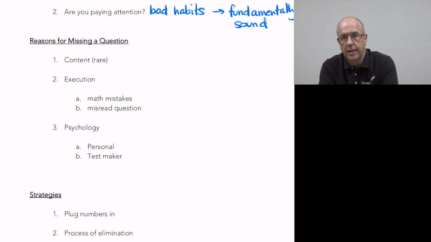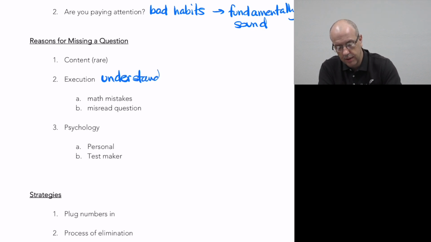The biggest area that students make their mistakes, and this is where you're going to have the biggest potential to improve your score, is paying attention to execution. Now this means that you understood the concept that was being tested, but for some reason you made a mistake. You either added wrong or subtracted wrong or multiplied wrong or something like that.